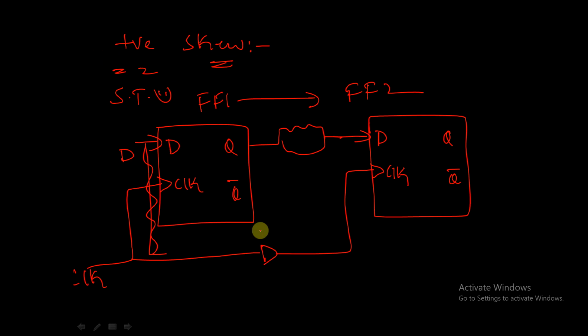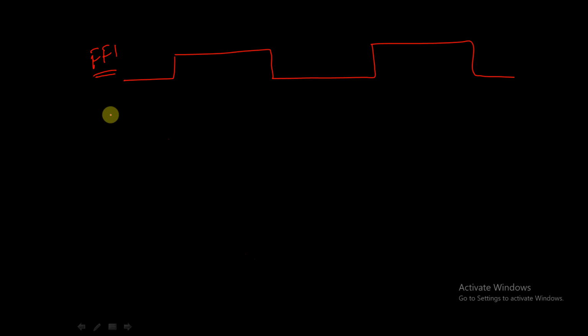Now let us say this is the clock which is given to our flip flop 1, and let's say this has a propagation delay of 2 nanoseconds. It is a combinational circuit, right? So after 2 nanoseconds delay, the clock will reach flip flop 2.